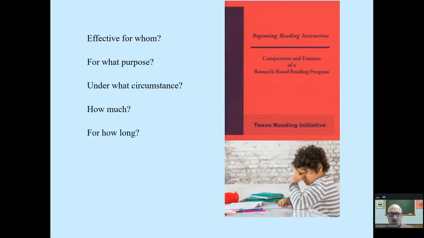So, these research-based programs. Something about the science of reading. Whenever a particular program or method claims that it's research-based, when someone says that research proves that something is effective, you must always ask, effective for whom, for what purpose, under what circumstances, and for how long.